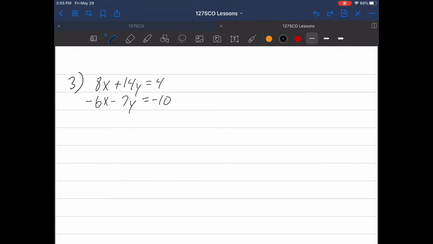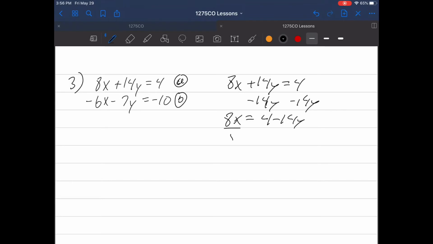Number 3 over here, if we take equation A, let's say we get 8x plus 14y equals 4. And let's just say that we subtract 14y from both sides and get 8x equals 4 minus 14y.